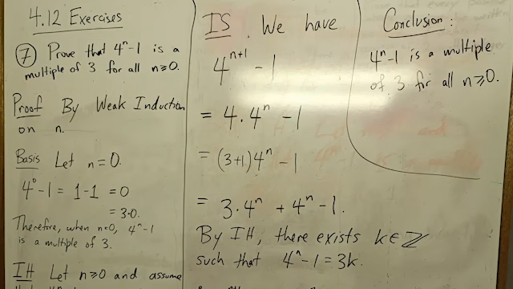In my induction hypothesis over there, I've written that I assume 4 to the n minus 1 is a multiple of 3 for some one specific value of n. In a strong induction, that should change to say that the statement is true for all numbers from 0 up to n. Okay, so here's how it would look.